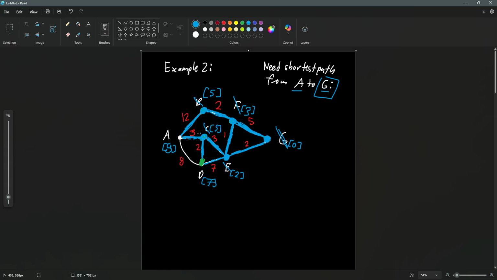Okay, and then the last guy we've got to tackle is D. For D, we only have one edge we've got to talk about, which is this guy. We ask ourselves the question: this edge connects D and A. A already has a number, so we're going to ask, from A, if we took a detour to D, is that faster than what we have now? Okay, I'm going to draw it again.